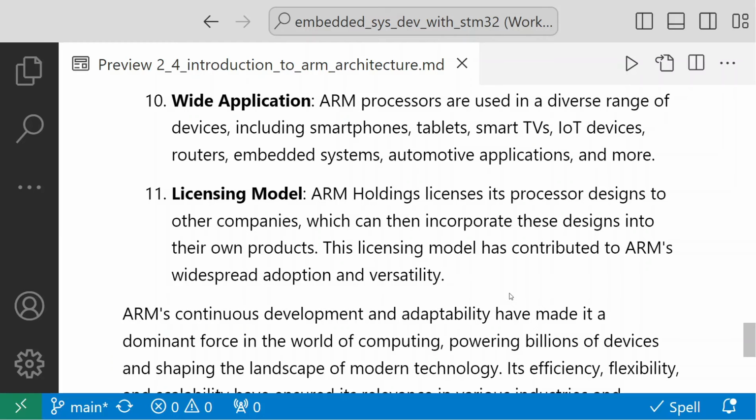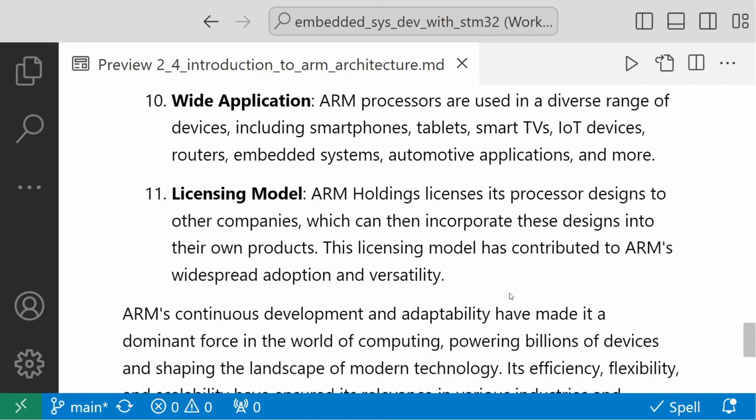Licensing model. ARM Holdings licenses its processor designs to other companies, which can then incorporate these designs into their own products. This licensing model has contributed to ARM's widespread adoption and versatility. ARM is an architecture which gets licensed, and in this case, STM32 is a processor from ST Microelectronics, who get the ARM license and then build the processor.